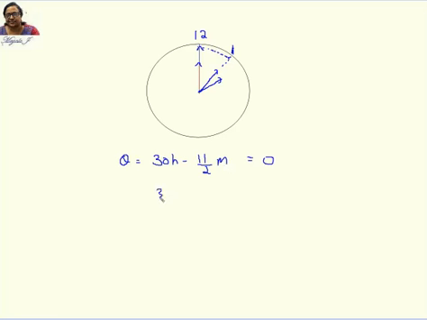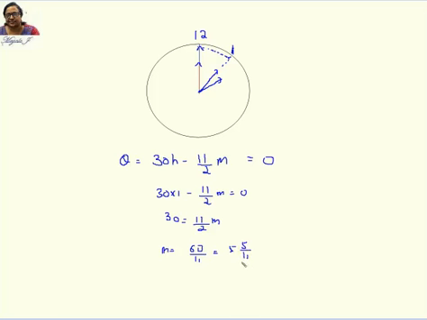So I'll replace that. 30 into 1 minus 11 by 2 m equals 0. So 30 equals 11 by 2 m. So what is m equal to? 60 by 11. We can write it as 5 by 11, since 5 times 11 is 55, remaining is 5.